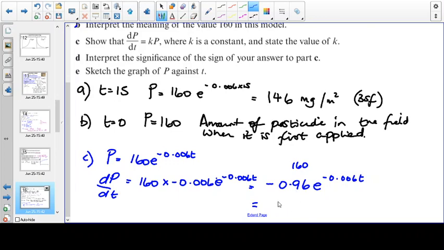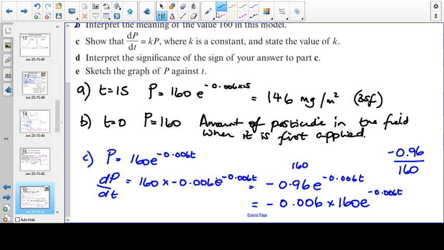Okay, so if we do negative 0.96 divided by 160, we will get negative 0.006 times 160 e to the negative 0.006t, which is actually there, to be honest. I don't think I needed to do all of that, but I thought it through.